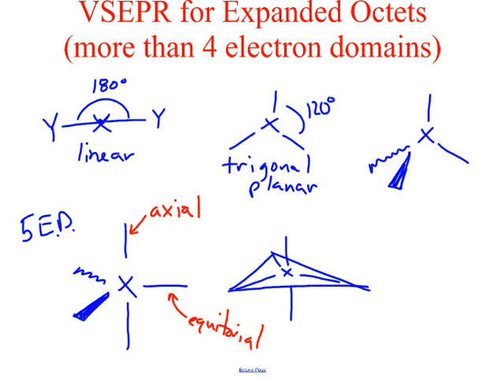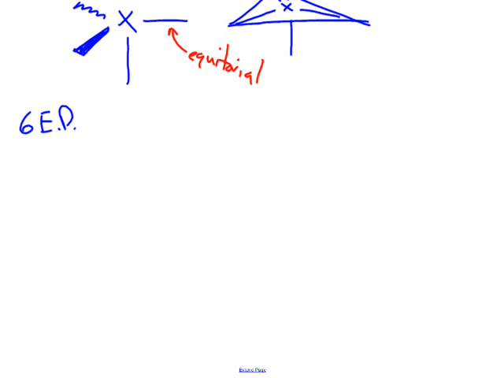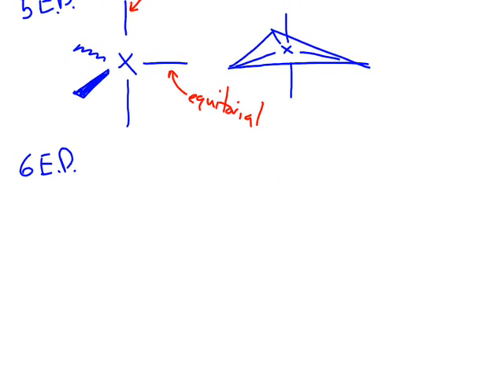And then if we go on to 6 electron domains, and we'll stop there in this segment, you'll draw a similar type of diagram, but here we're going to put the central atom and 4 positions that are in the plane of that central atom.